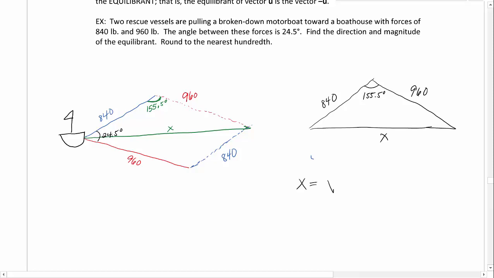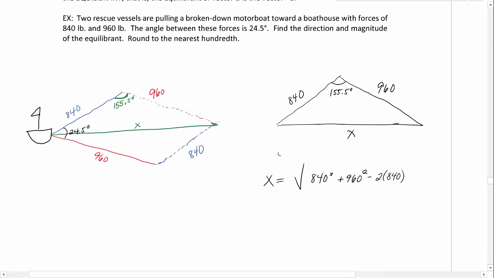So x equals the square root of 840 squared plus 960 squared minus 2 times 840 times 960 times cosine of 155.5 degrees.